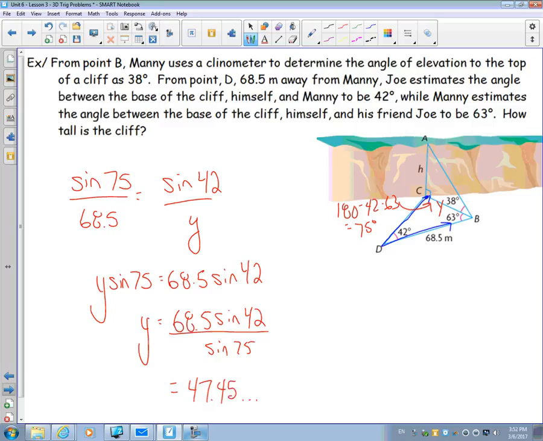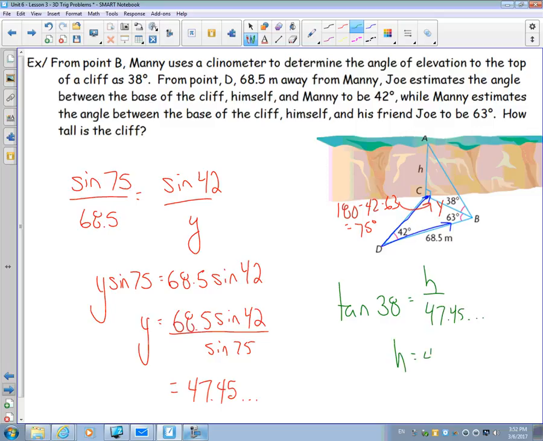Now that I know that, I can find the height of my cliff by using the right angle triangle. Sorry, I want the opposite, and I know the adjacent. So I can use tan. The tan of 38 equals my opposite, the height of the cliff, over the adjacent 47.45, whatever that comes out to.